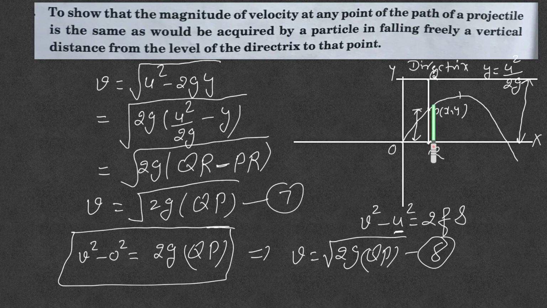So the velocity acquired in falling freely from the height of the directrix to that point is given by equation number 8. From 7 and 8, both are equal, hence we have proved the result. This result is very important from the examination point of view. In this we have discussed the concept of velocity at any point of the trajectory, and I hope I am able to make this concept clear in your minds.